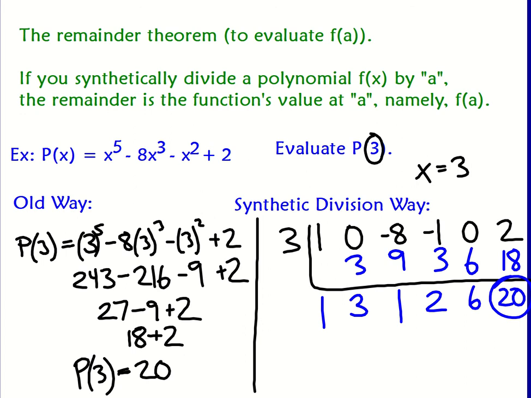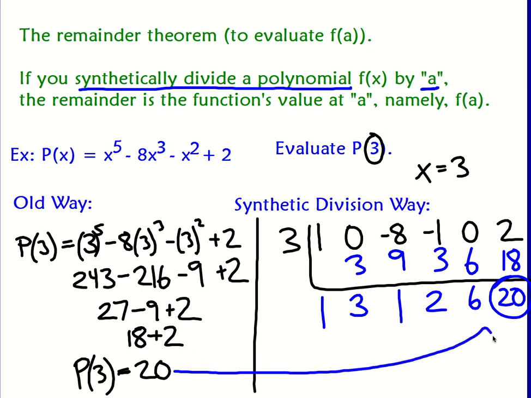The remainder theorem says that synthetically dividing a polynomial gives us the function's value at a, which is f of a. So notice I got the same thing, but this was way less work with way smaller numbers, and I also got that p of 3 would equal 20.